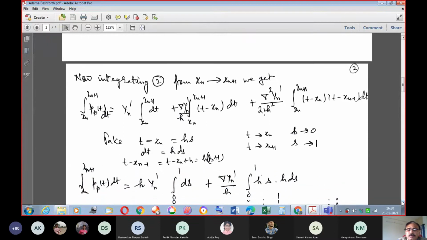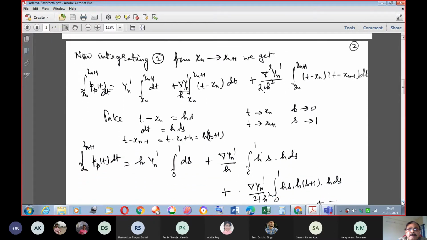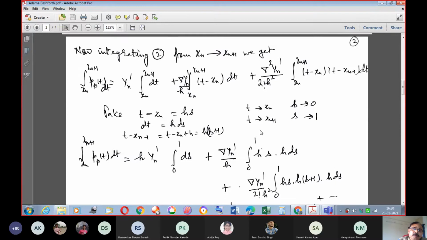These are the things which must have been done in your Maths 1, Maths 2, how you can see another form of that. Anyway, it doesn't matter whether it is told or not. Basically, we'll put the substitution t minus x_n as h into s, and then dt will be h into ds.